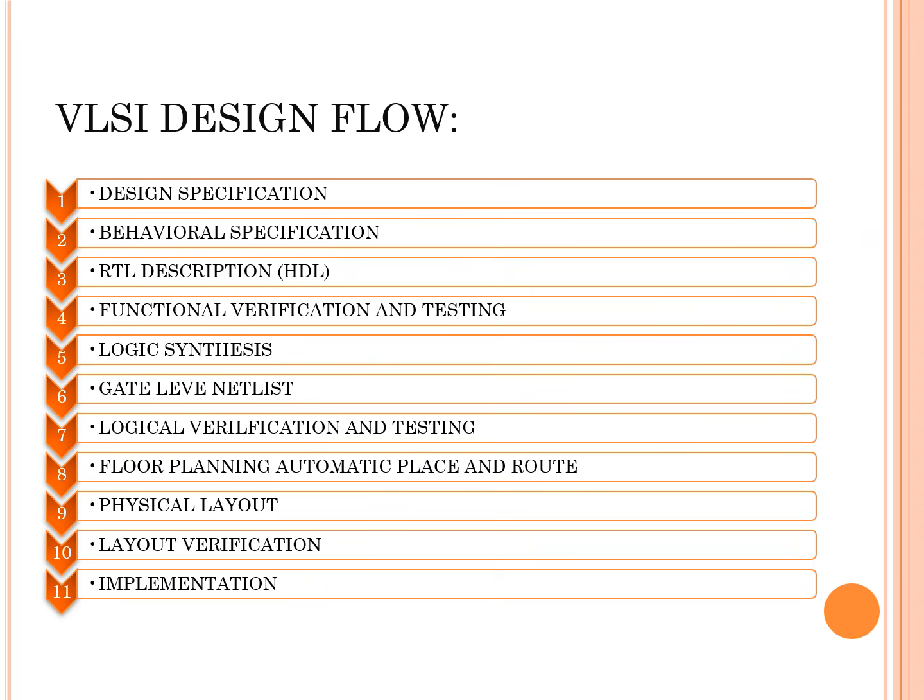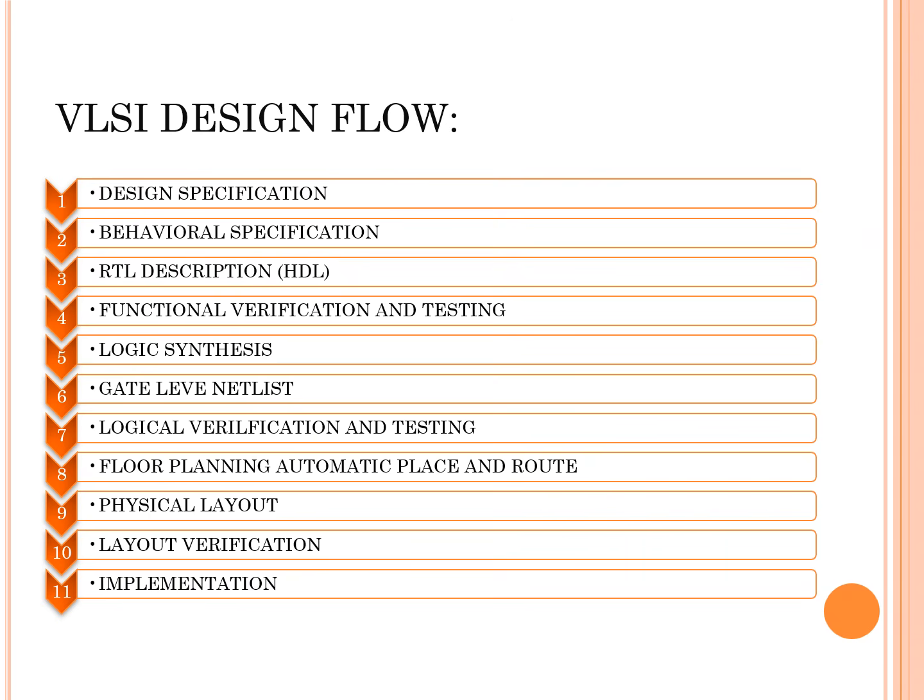We are going to explore the complete VLSI design flow. Basically, how a chip is designed step by step from an idea all the way to implementation. Everything starts with the design specification. This is where we define what the chip needs to do: its functionality, power limit, and performance goals. Next comes the behavioral specification.